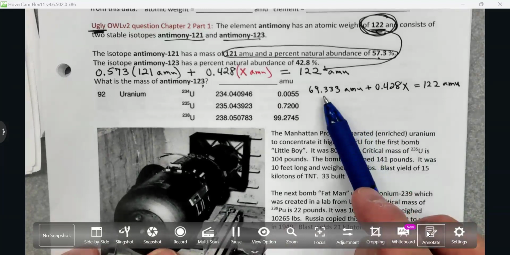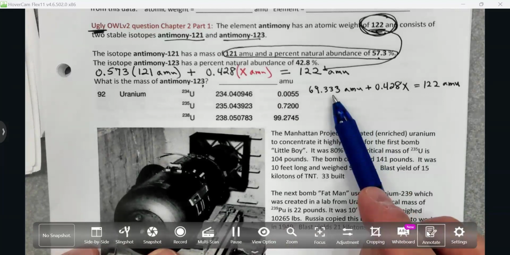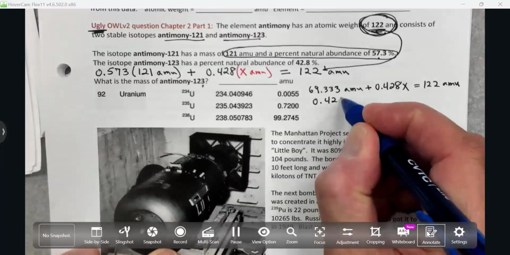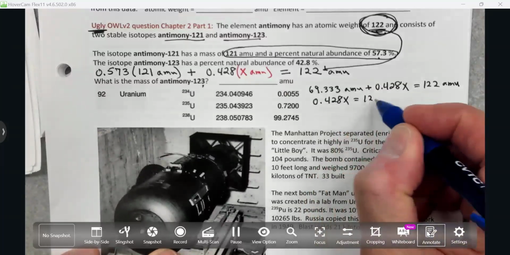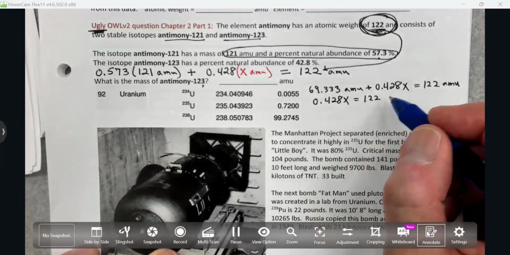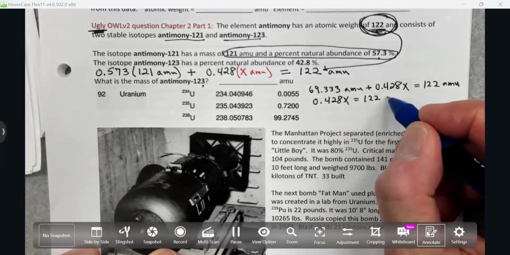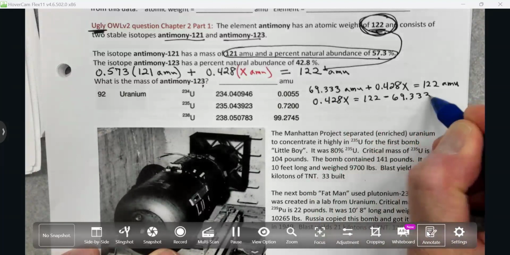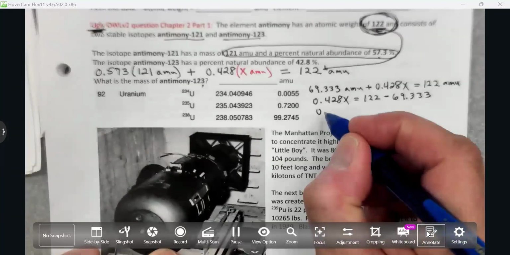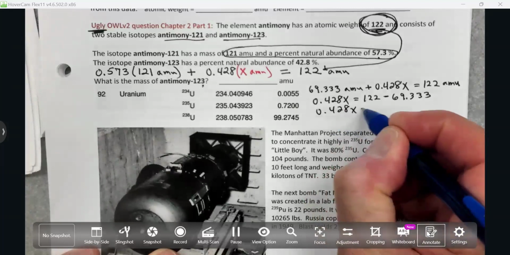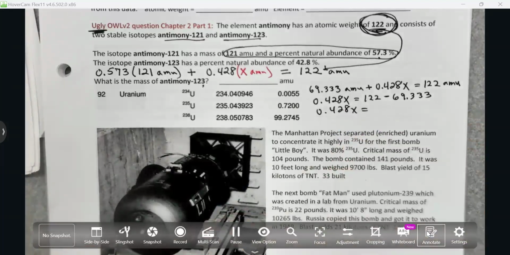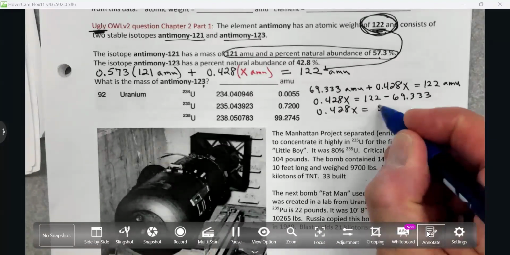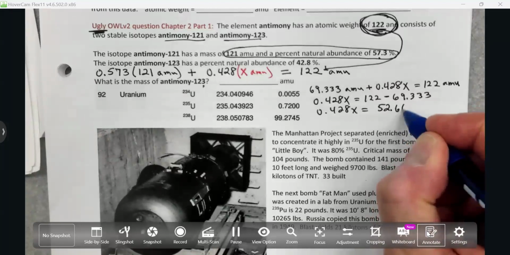We'll subtract 69.333 from both sides. Right? So we would end up with 0.428x equals 122. I know I'm going to have AMU. I'm going to drop my units for right now. Minus 69.333. 0.428x equals 52.667.